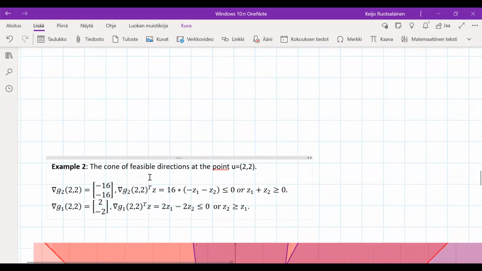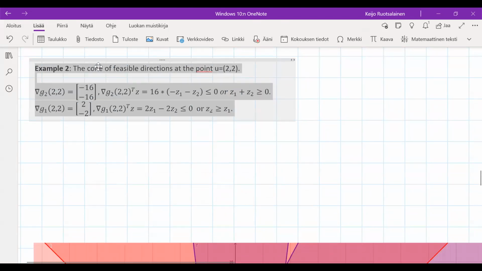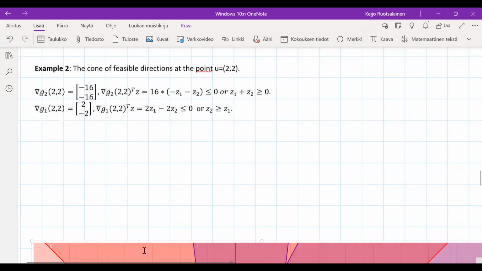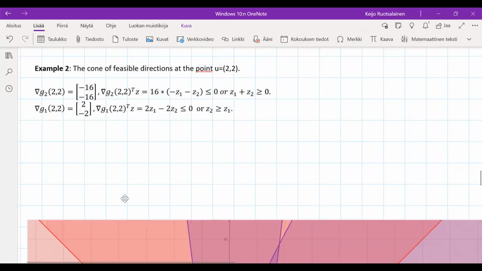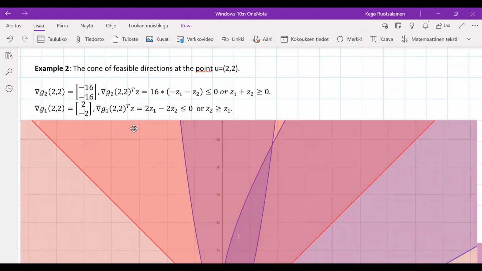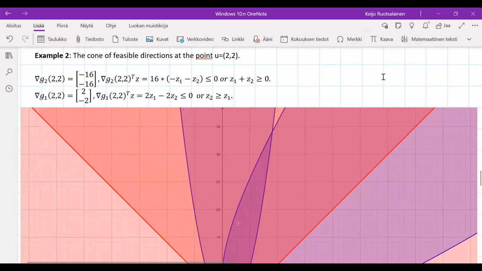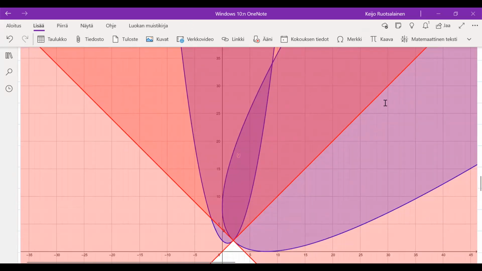The next one, I take the point with coordinates 2 and 2. It is in the intersection of these two parabolas. It's the point which satisfies both conditions.